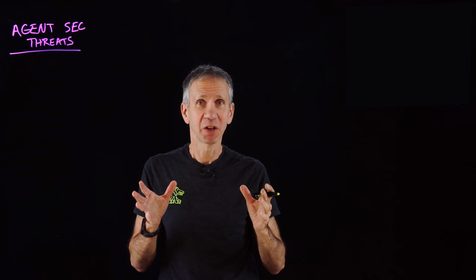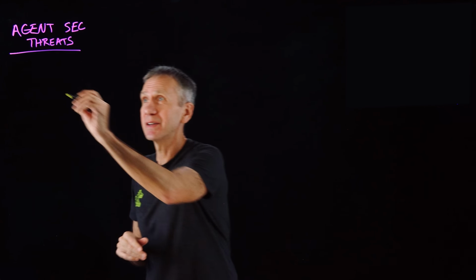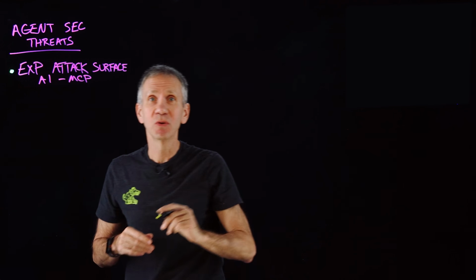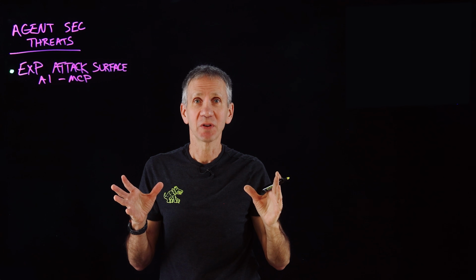Let's take a look at the security threats that an agent could potentially face. Right off the bat, an agent is going to extend our attack surface. In other words, every new technology does that to us, and AI is no different. So we've got the AI portion of the agent that now is something someone could attack, but there's also the MCP protocol.